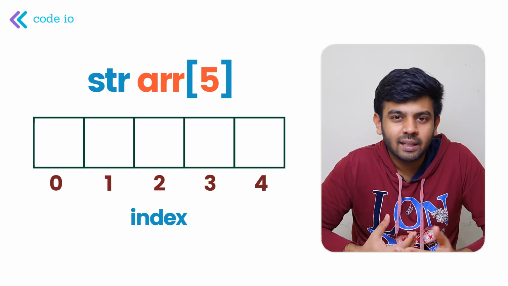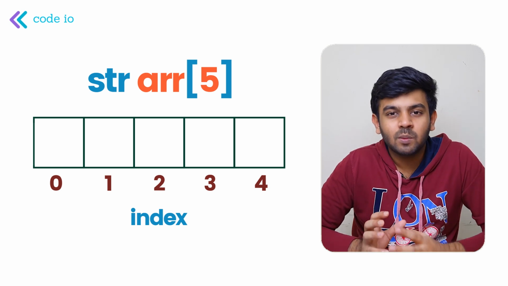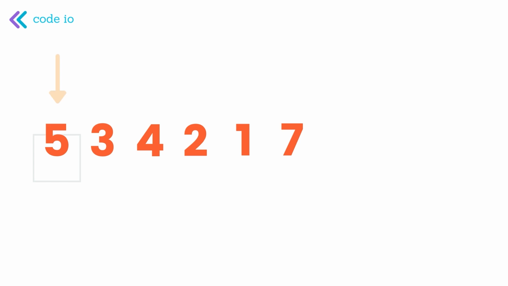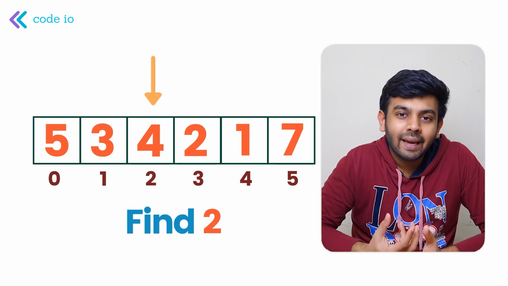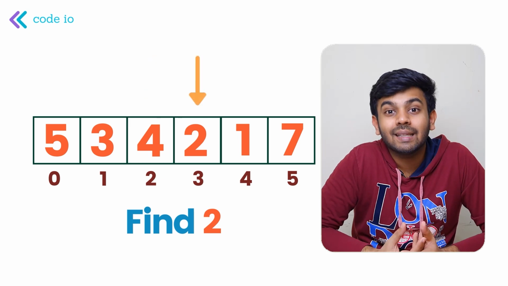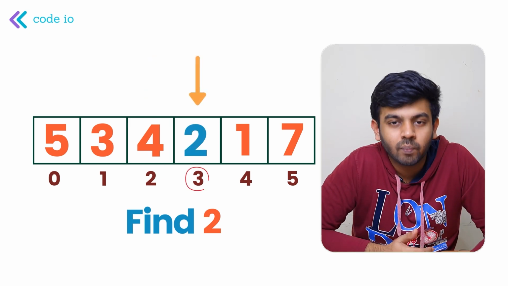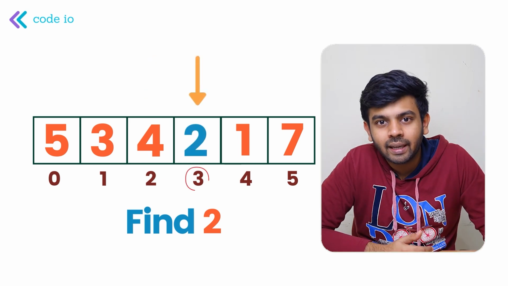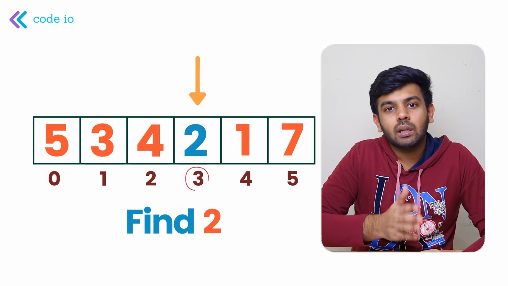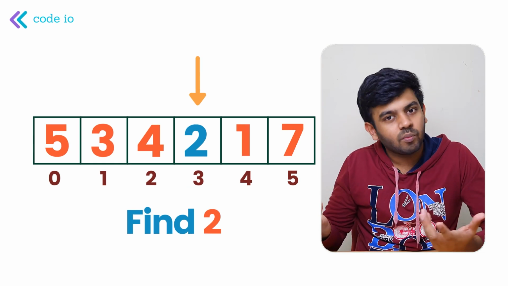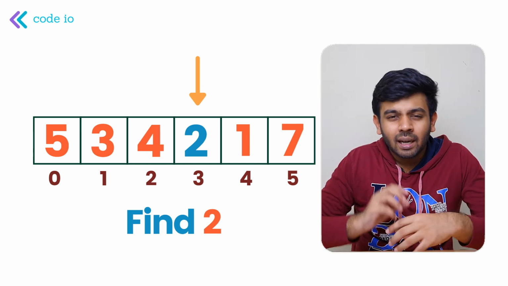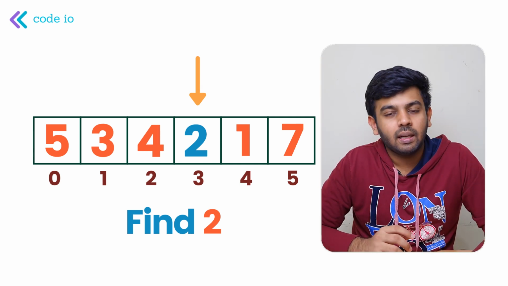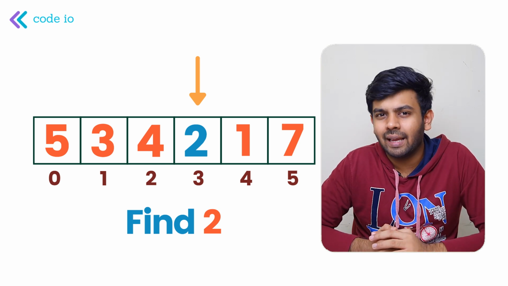It can be string, it can be anything, but for simplicity's sake, we'll consider an integer array. You are going to look at these elements one by one, and check if that particular element is in fact the element that you're searching for. If it is, you just return the index of it. If not, you'll keep looking for the element in the next indices. You'll understand this a bit clearer when we do an example.